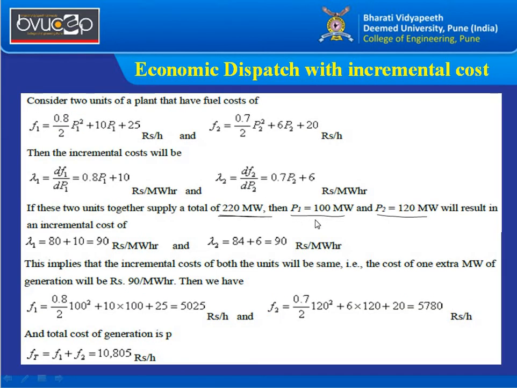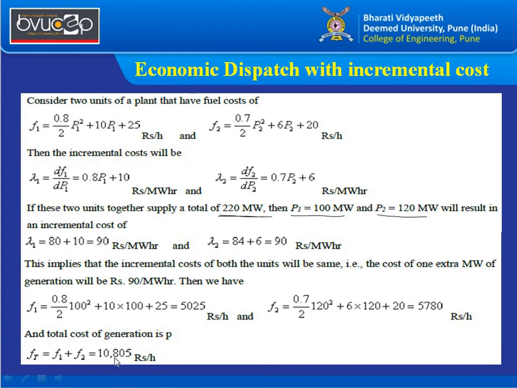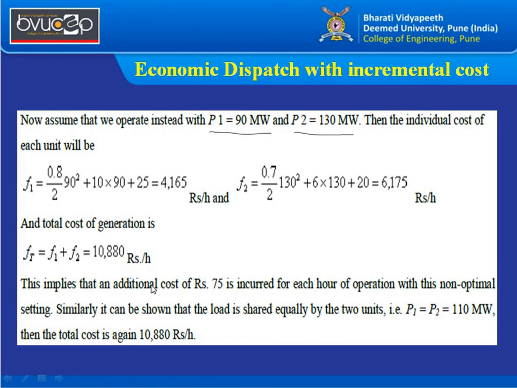Now earlier when we considered 100 and 120, the cost was 10,805 rupees. Now when we consider P1 as 90 and P2 as 130, the cost has increased to 10,880. So when we take the difference between 10,805 and 10,880, the difference is about rupees 75 for each hour of operation with this non-optimal setting.